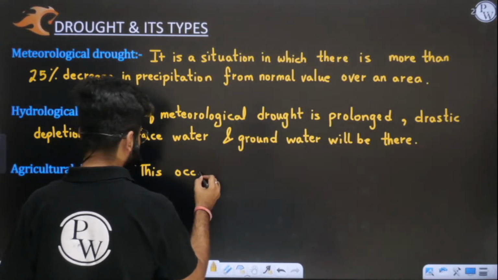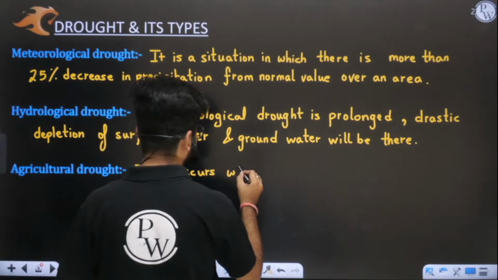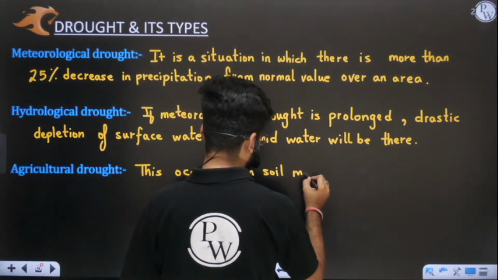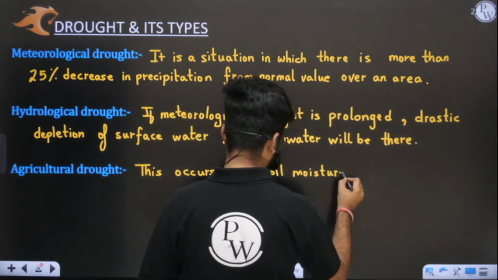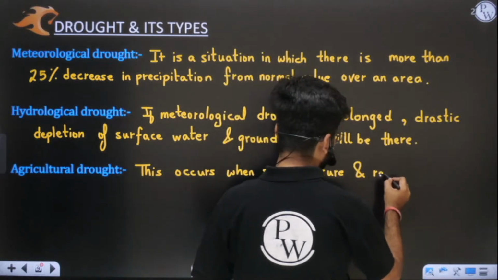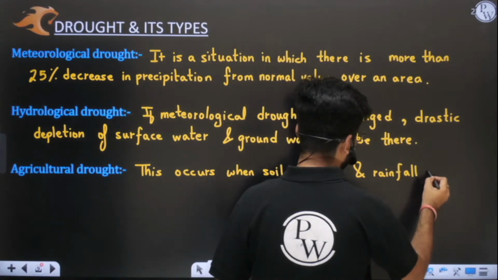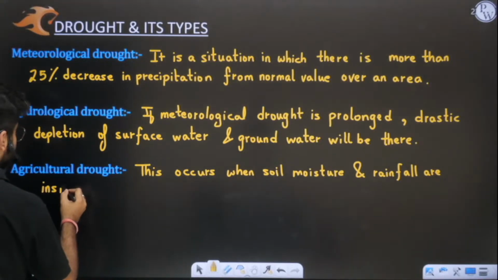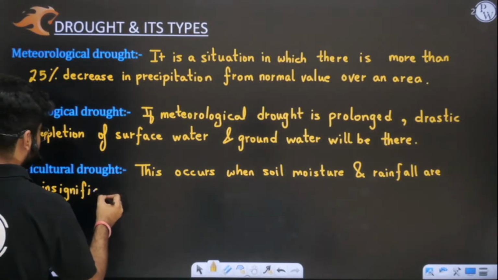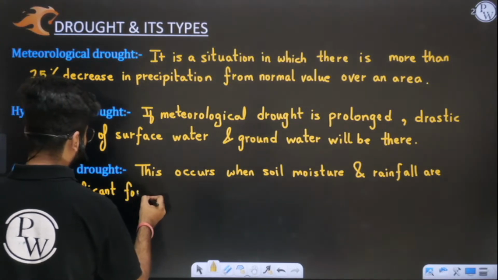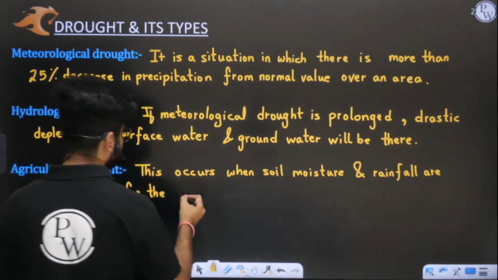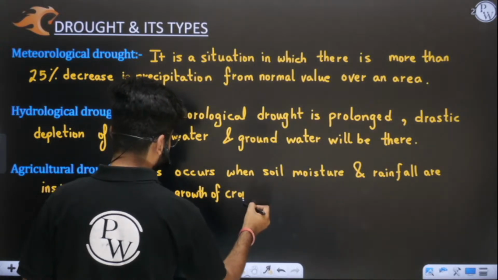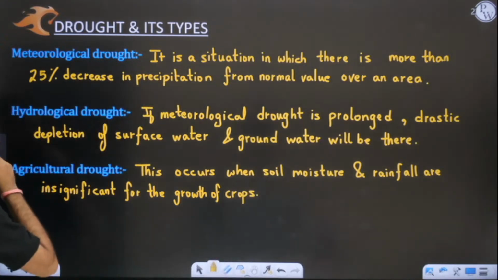This drought occurs when soil moisture and rainfall are insignificant for the growth of crops. So this is your agricultural drought.